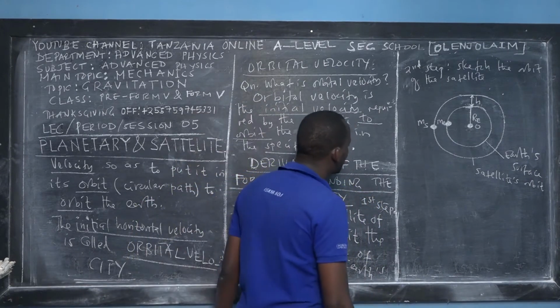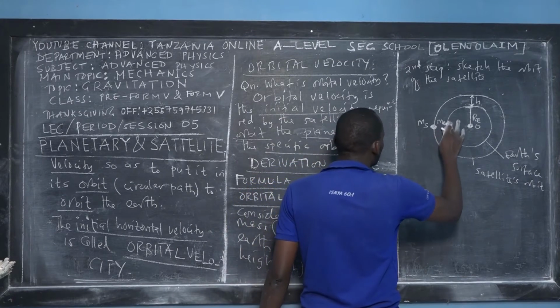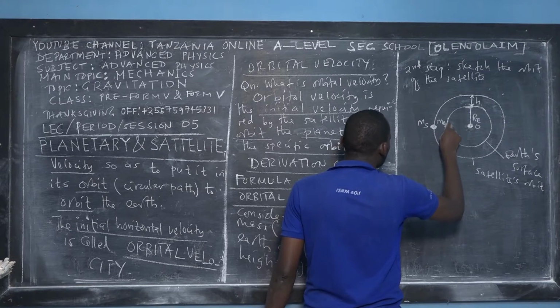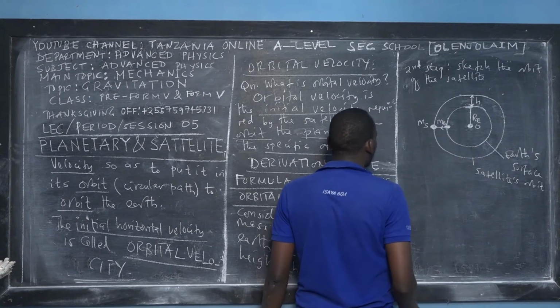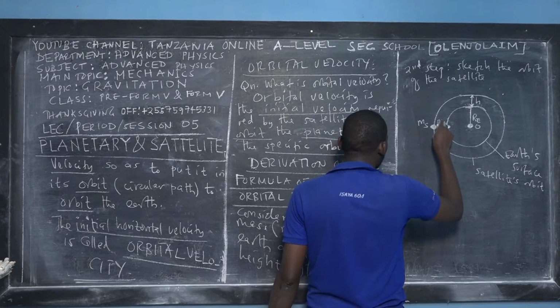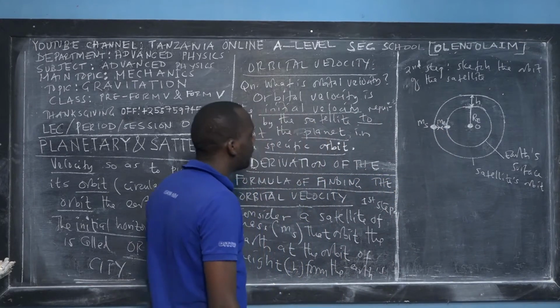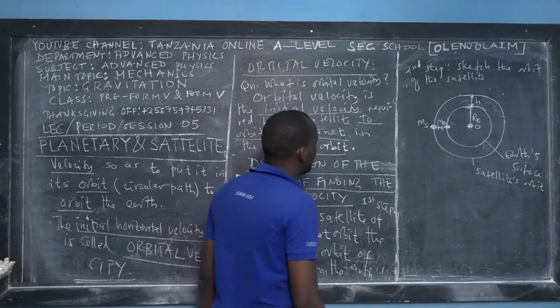So that's the concept. The Earth is attracting the satellite, and also the satellite is being attracted by the Earth. That's the second step.